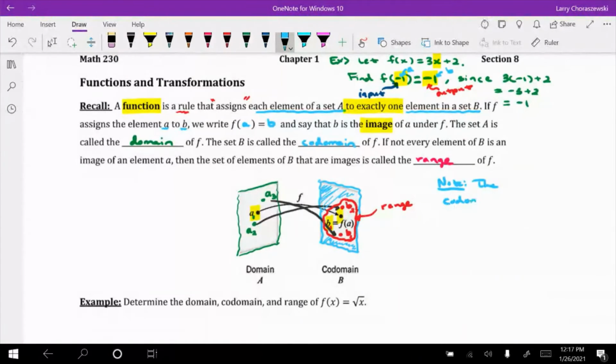The codomain is the largest possible set that can contain the range. Any questions so far?